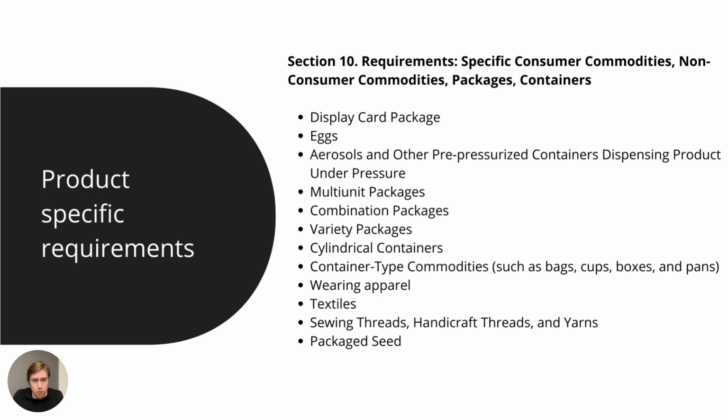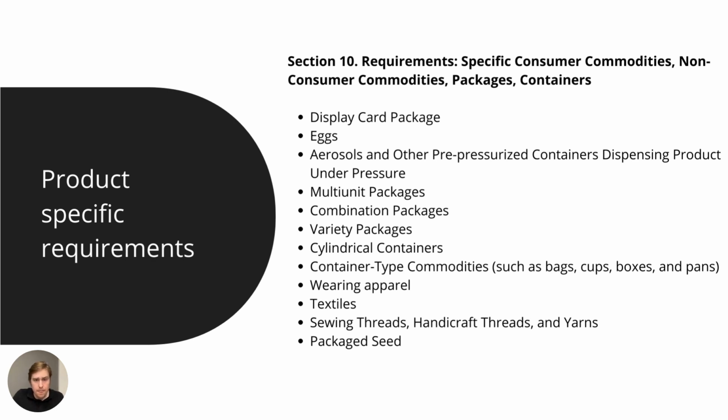Now let's move on to product-specific requirements. Yet again, I'm not going to read through these requirements one by one. Instead, I'm here to make you aware of the overall requirements. But go to section 10 and you will find requirements for specific consumer commodities, non-consumer commodities, packages and containers. And this is where you can find information about specific requirements for certain products.